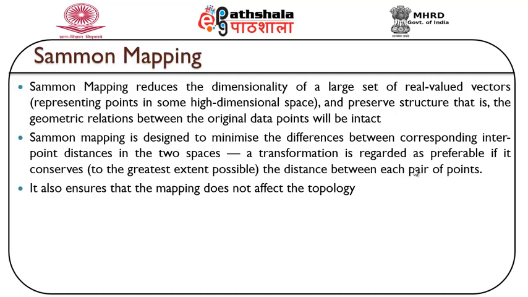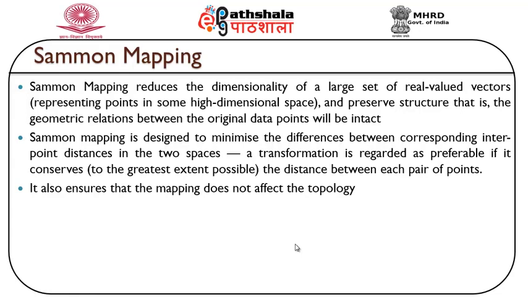This is another dimensionality reduction technique wherein the Sammon mapping reduces the dimensionality of a large set of real valued vectors, which are representing points in some high dimensional space, and preserves the structure, that is, the geometric relations between the original data points will be intact.